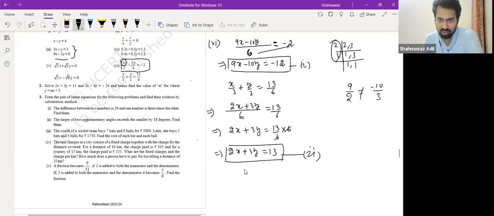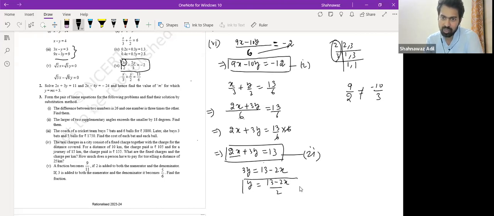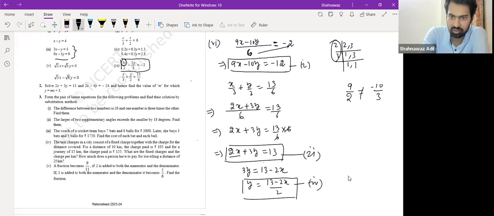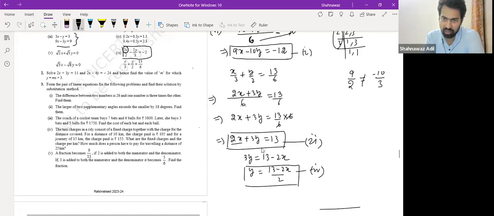So how much would be the value of y? 2x is brought to the other side, so 3y is equal to 13 minus 2x, and y becomes 13 minus 2x by 3. So this becomes the value of y.